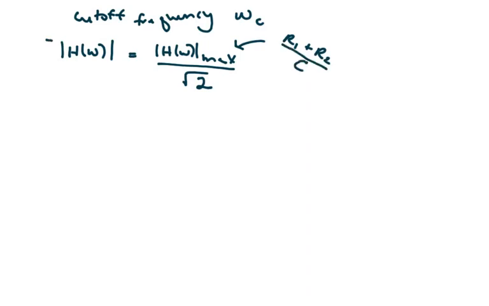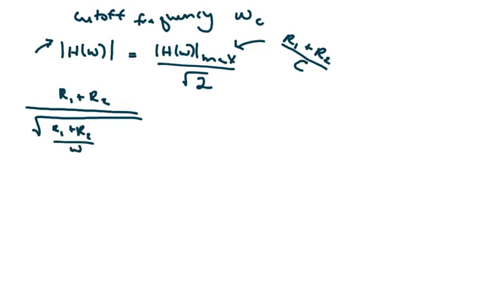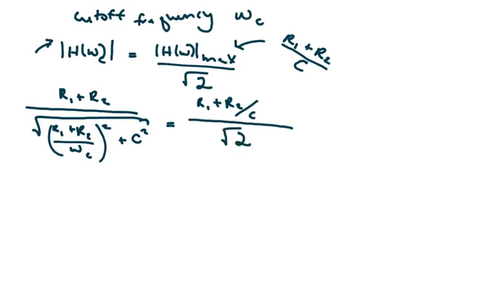So since we know what this value is, and we have an equation for this, we can set them equal. All right, so we're going to write (R1 plus R2) over the square root of ((R1 plus R2) over omega C) squared plus C squared is going to equal that (R1 plus R2) over C, all of that divided by the square root of 2.